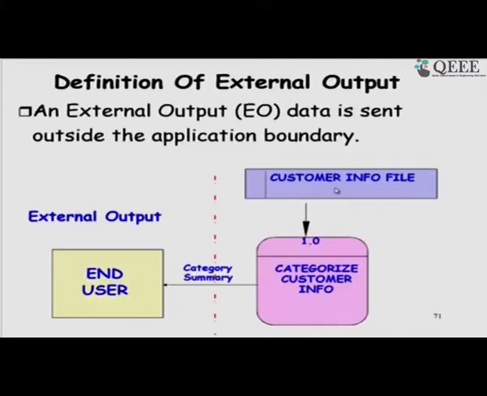So, this is the external output, where maybe based on some inquiry or maybe based on an input data request that has come, the system produces an output. Here also we compute each related set of data as 1.